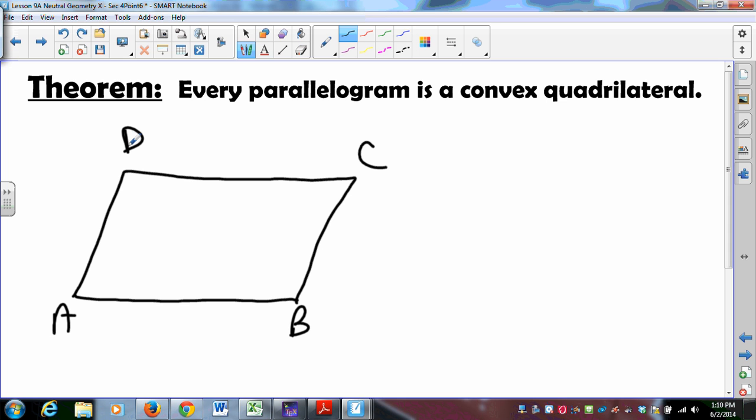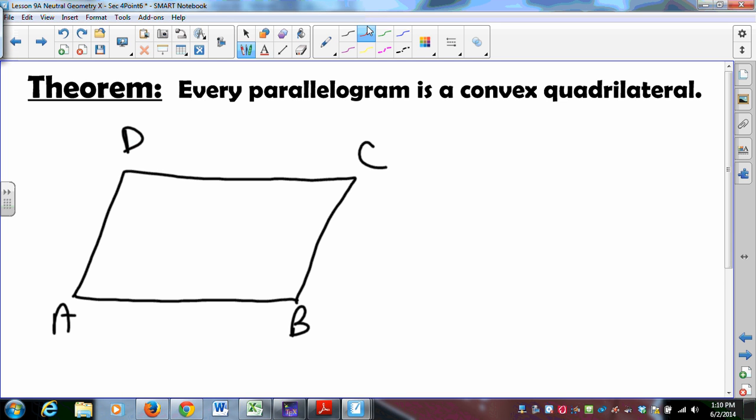Line segment AB is parallel to line segment CD. Line segment AD is parallel to line segment BC. And in fact, the lines containing those segments are parallel. So every parallelogram is a convex quadrilateral. Here's what I'm going to do.